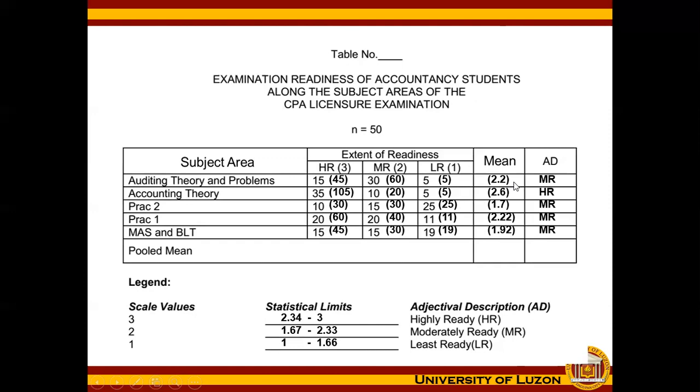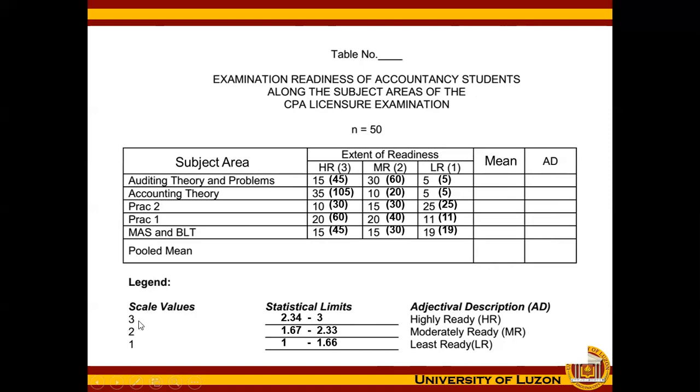So now we go back. Now we have the statistical limits provided, and how it is done. The statistical limit is determined firstly by determining the range. Range is computed by getting the highest value, which is 3, and 1, so the difference.